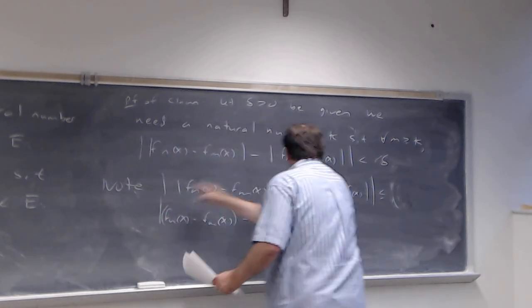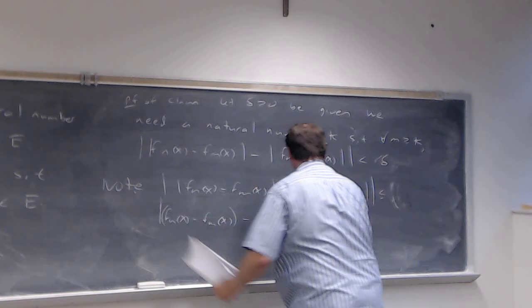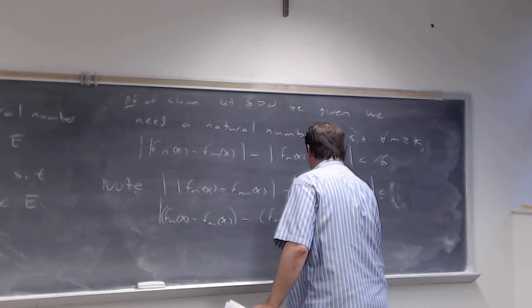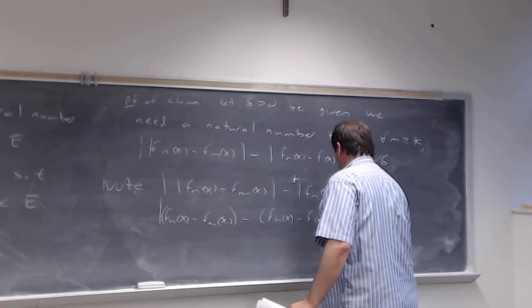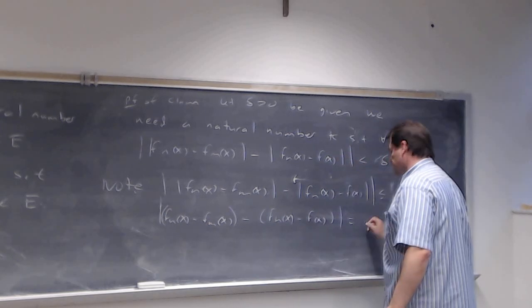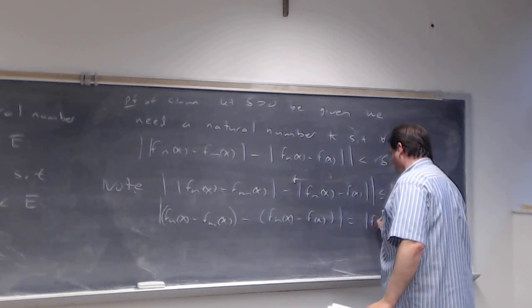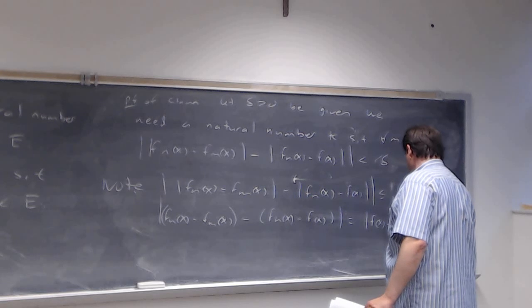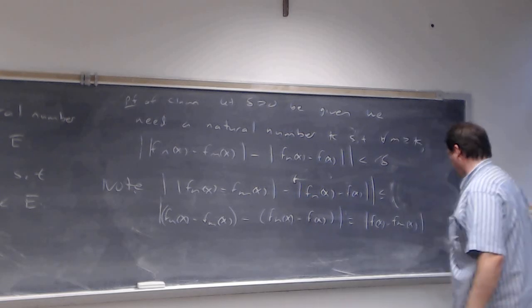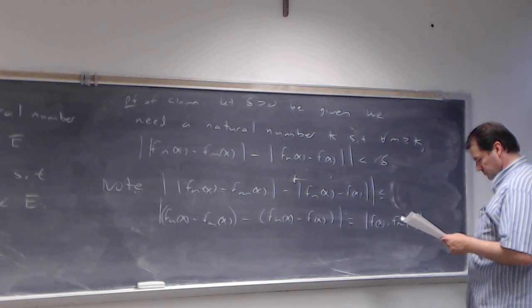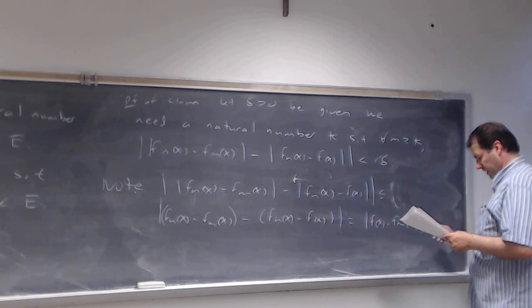So this is the big norm out here, right now. Minus the quantity f sub n of x minus f of x. Which equals, the n terms will cancel. I'm left with the norm of f of x minus f sub m of x. Okay, that's what I have. And that guy, that's what we're looking at.